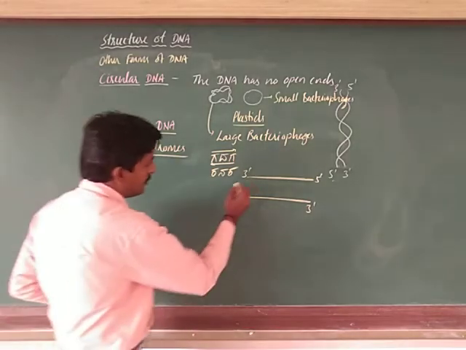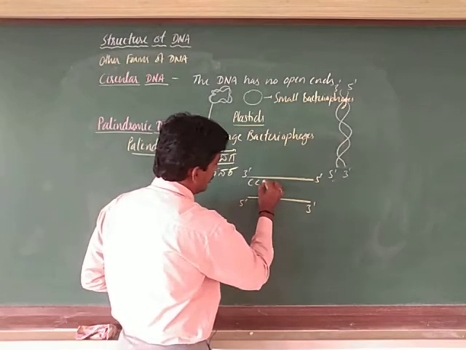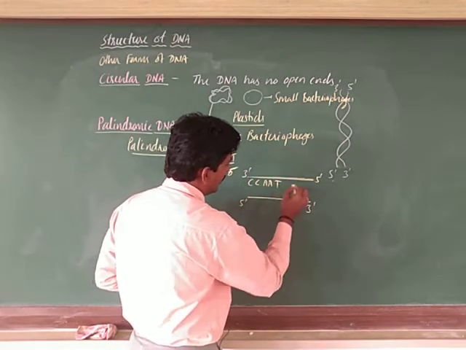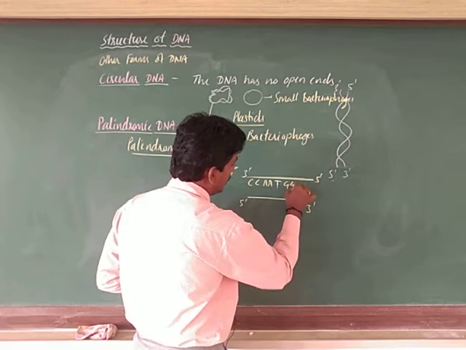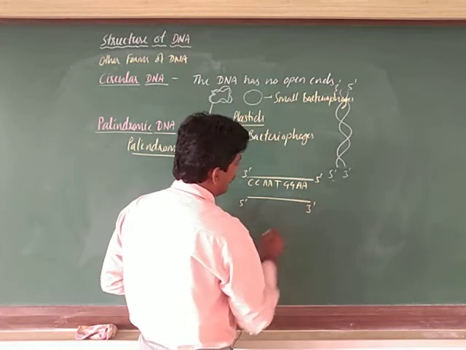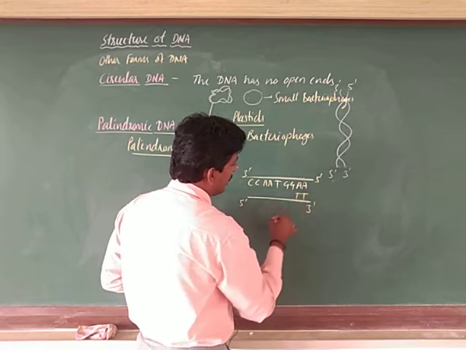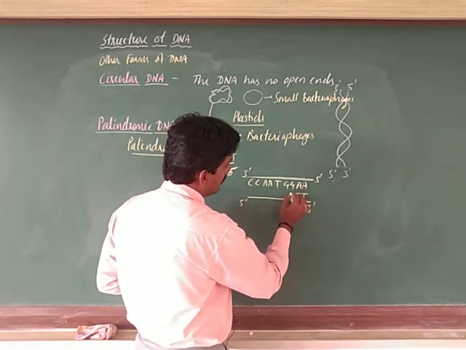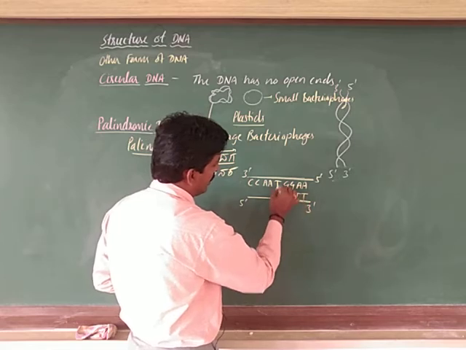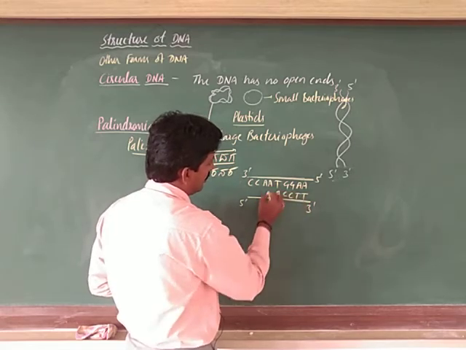CC, AA, T, G, A. Here it will be T and T, and next thymine, adenine, thymine, guanine, cytosine, and thymine, adenine, and here thymine.